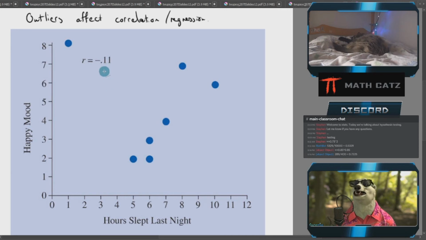And now suddenly the correlation is negative 0.11, which doesn't really agree with everything else. It's just that extreme score pulls everything, and my least squares fit would be something that's not necessarily accurate.